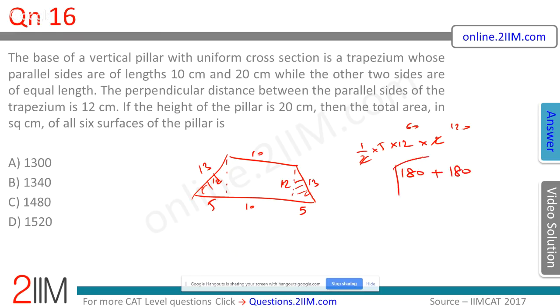Right? So 360 is in the back. Every other side will be like a rectangle. Imagine there's something sitting on top of this. The height of the pillar is 20. The perimeter of this is what we need to count. 10, 13 plus 13 plus 10 plus 20. 30 plus 26 is 56. 56 into 20 is 1120 plus 360. We're looking at 1480. Bang, done.